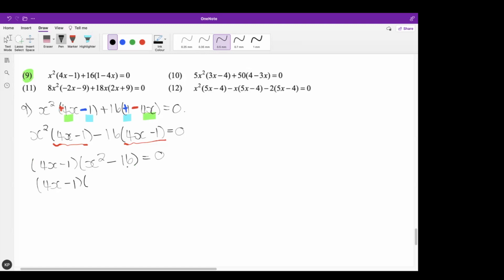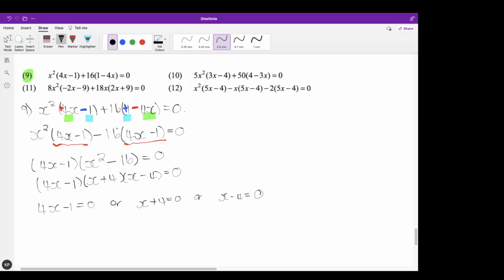Then 4x minus 1, and this is difference of 2 squares, equals 0. Then you make each one equal to 0. 4x plus 4 equals 0, or x minus 4 equals 0.